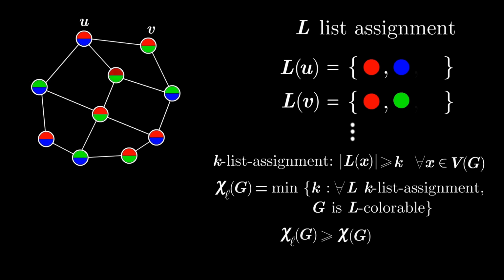Similarly, if we pick green instead of red, then we have to pick red in the vertex below it, and then in the two vertices to the right, we are only left with the option of choosing blue, which again cannot be done. So for this particular 2-list assignment L, the graph G is not L-colorable. Therefore, the list chromatic number of G is at least 3.